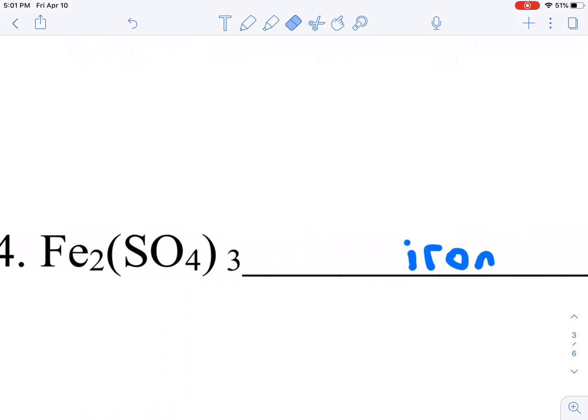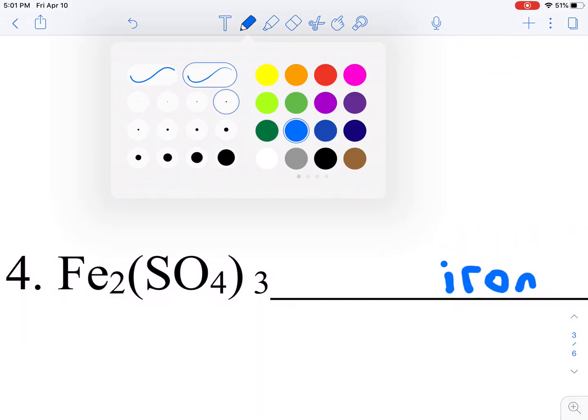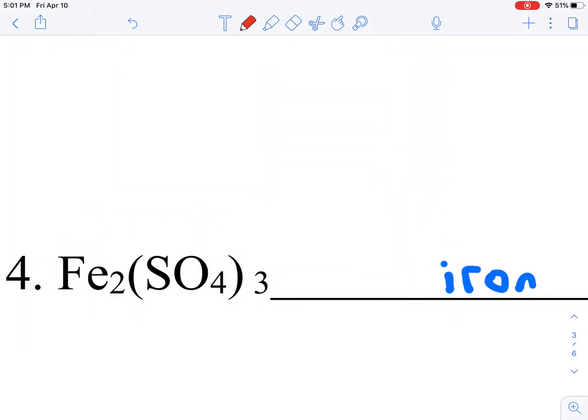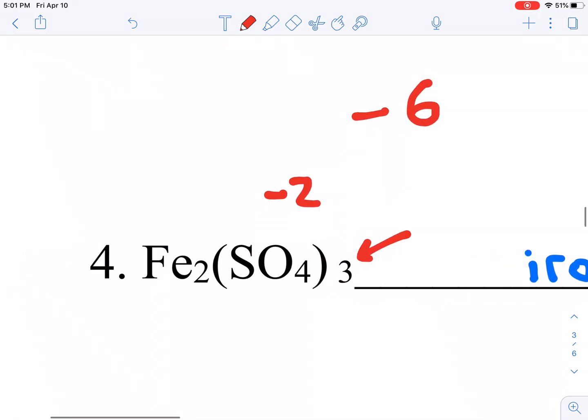Now, how are we going to do that? Well, remember the anion is our telltale. It never lies to us. SO4 is always a -2. There are 3 SO4s. So 3 times -2 means the total negative charge in this compound is -6, which means for a neutral compound, the positive side must be +6.